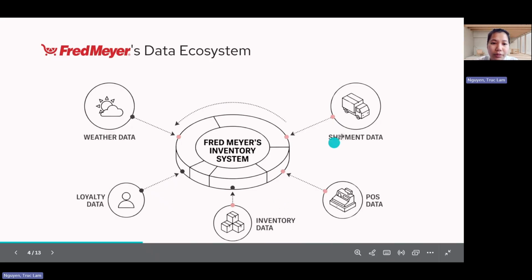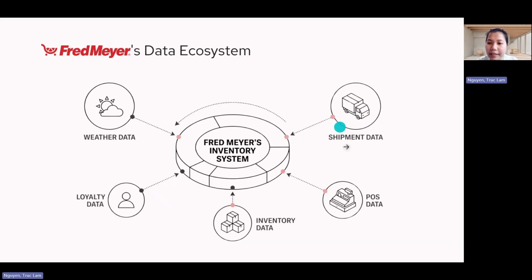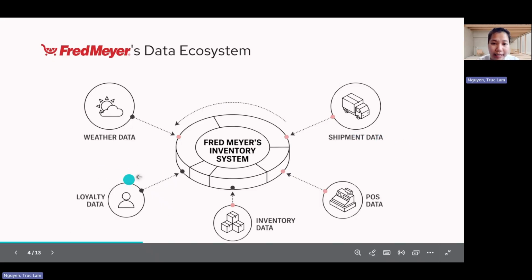The third source would be supplier shipment data. This helps the company know what products are already on the way. It could include supplier ID, store ID, product ID, the delivery date, or the shipment quantity. Another useful source would be loyalty card data.